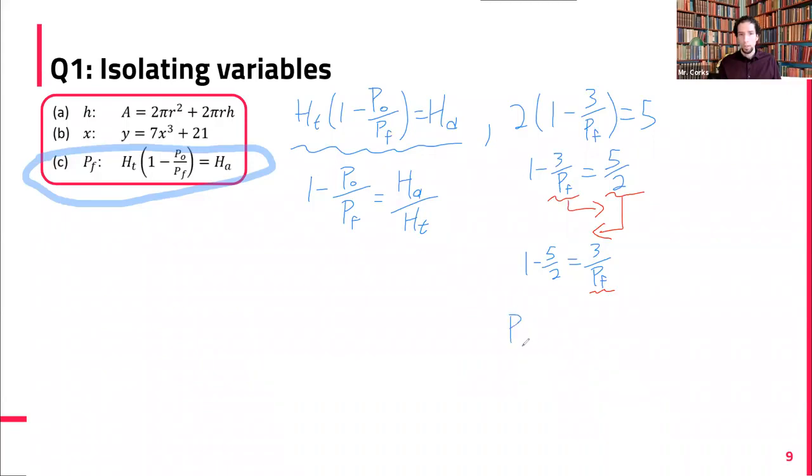So PF times (1 minus 5 over 2) equals 3. We could have also just flipped both sides, taken the inverse, to get PF on the top of the fraction, then divide by 3, but it doesn't matter. Okay, so then we're here and one final step.